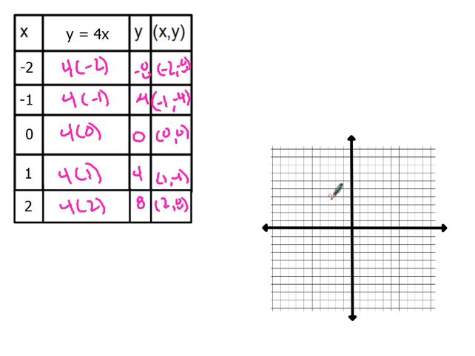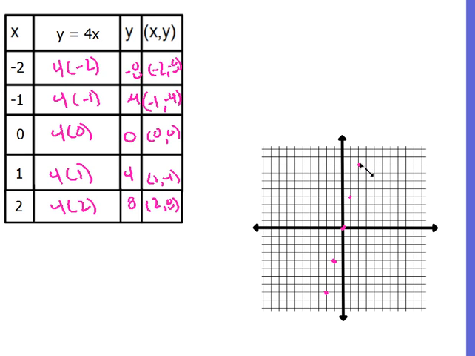Then I'm just going to plot out my points. The first one is -2, -8, so it's 2 left, and then 1, 2, 3, 4, 5, 6, 7, 8 down. Then we have -1, -4, so that's going to be right here. Then 0, 0, then 1, 4, and then 2, 8.